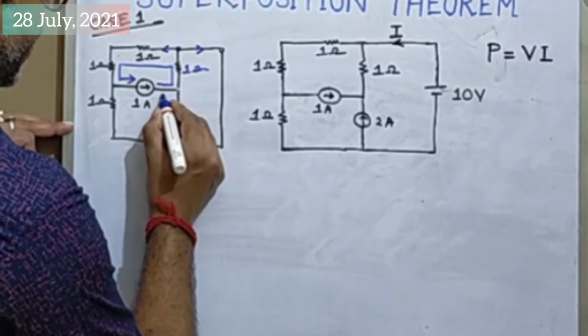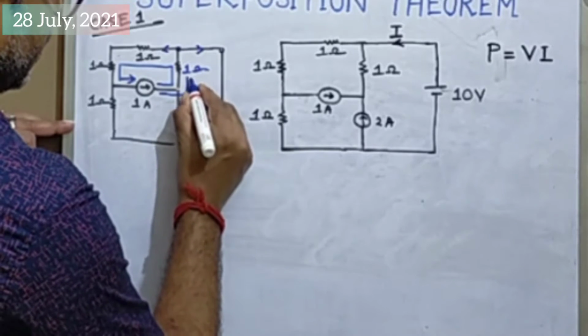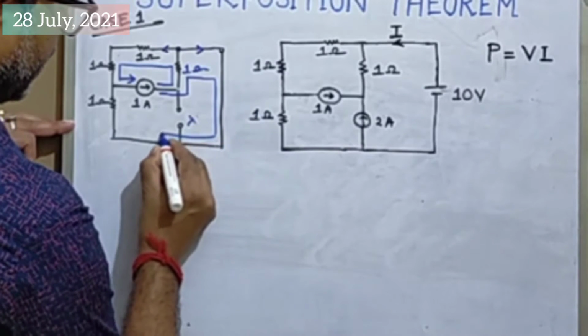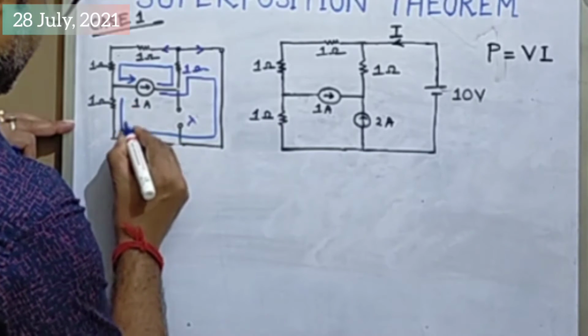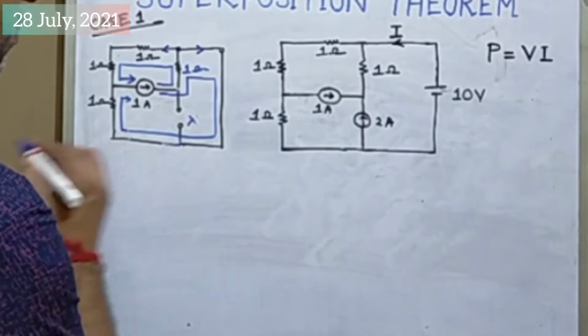Another part of current direction I am showing here, this path, and then it will come back to its source.